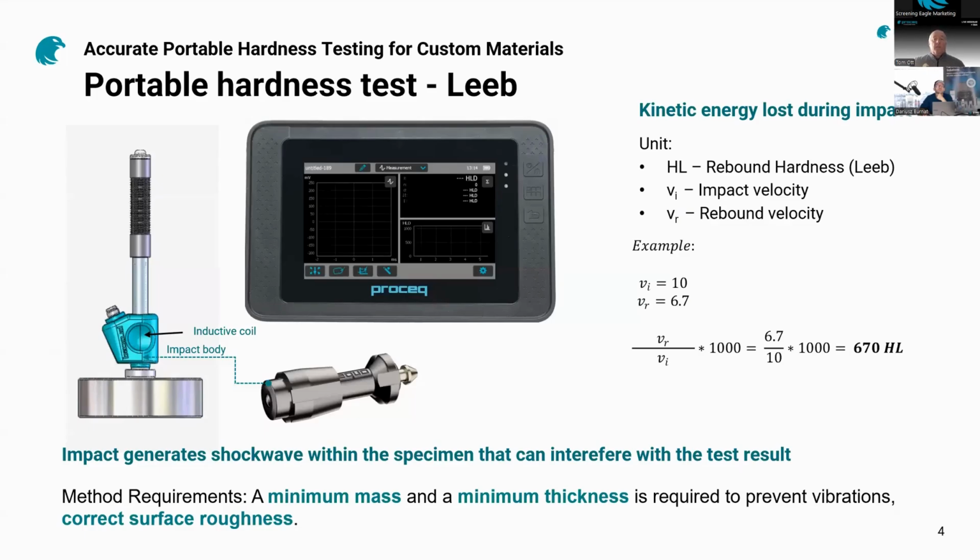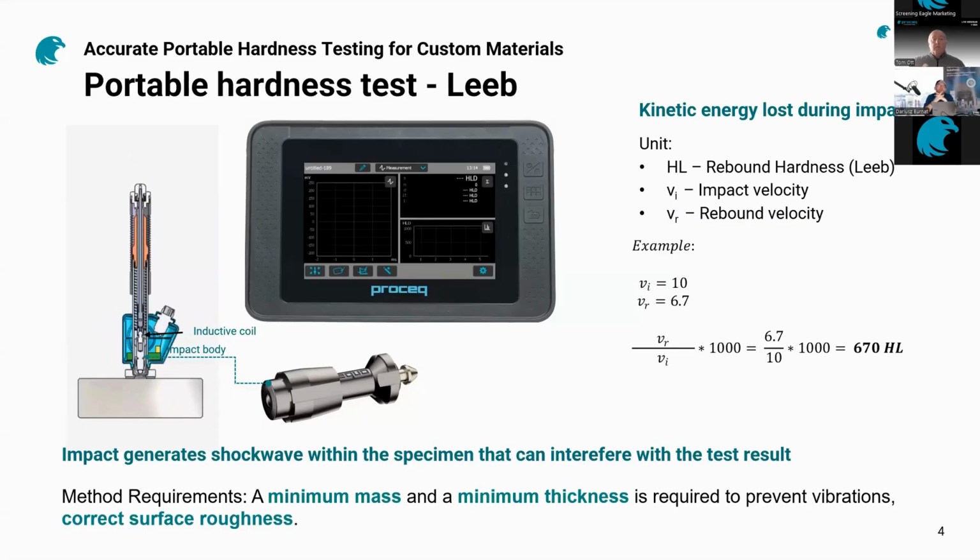In the portable hardness test Leeb, we have an impact device, which is a mechanical device, and we have an impact body. The user loads the impact body against a spring that's calibrated to propel the body at a precise velocity. The user launches the body against the surface, it bounces back, and as the body is traveling through the device, it travels through an inductive coil to generate a voltage signal.